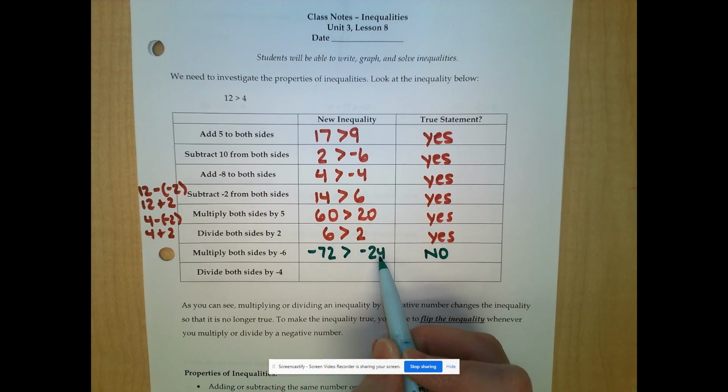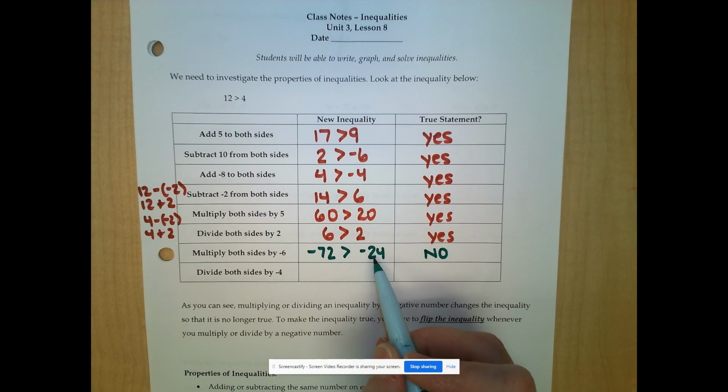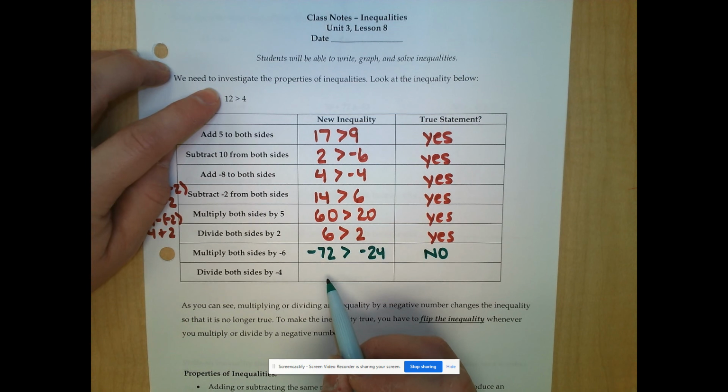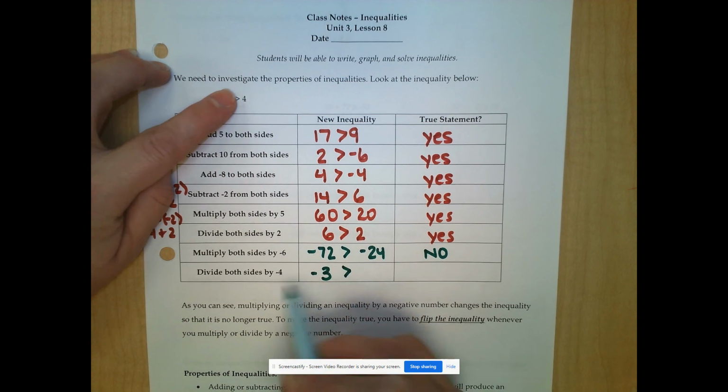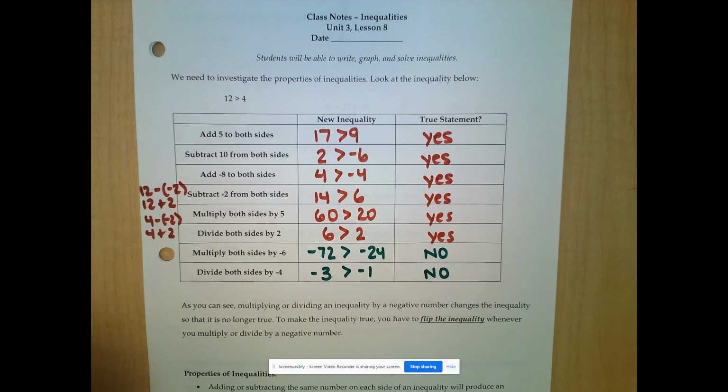Or if we were digging a hole, negative 72 would be much lower than negative 24, right? 72 feet below the surface would be deeper than 24 feet below the surface. If we divide both sides by negative 4, so 12 divided by negative 4 would be negative 3. Is that greater than 4 divided by negative 4, which is negative 1? And we would also have to say no to this.